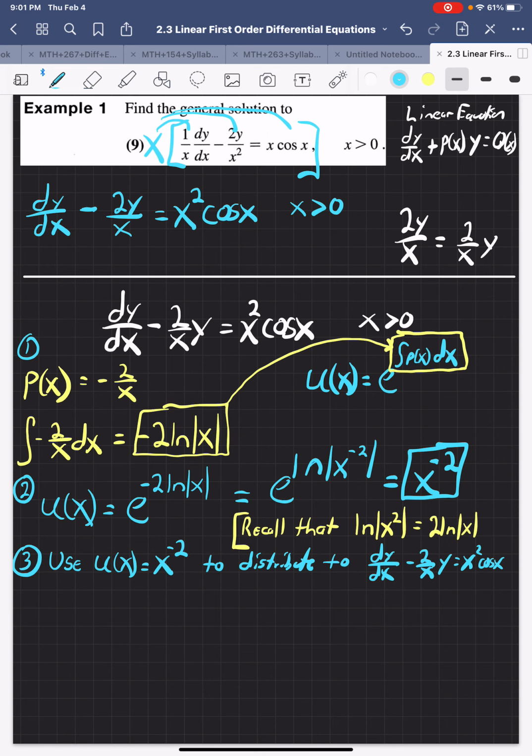Okay. So in other words, we're going to come up here and we are going to distribute x to the negative 2. All right, so let's do that now. See if I can copy and paste. All right, so times x to the negative 2.